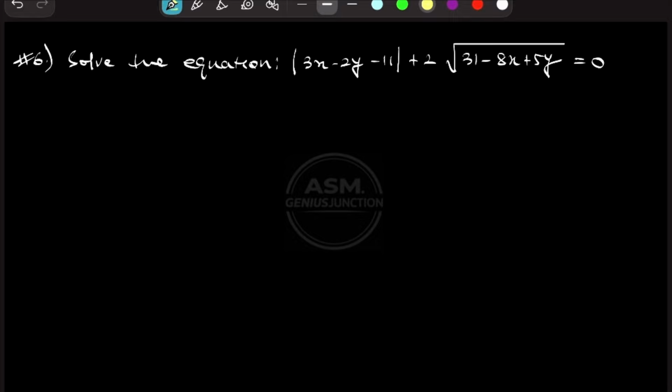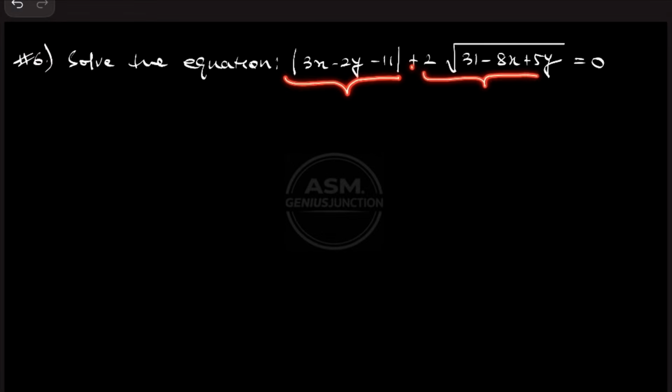In this question, if you closely observe this, there is a modulus function plus there is a square root function and the possibilities are equals to 0. How is it possible? If this particular function is also positive and square root function is also going to be positive and we are adding two positive quantities.